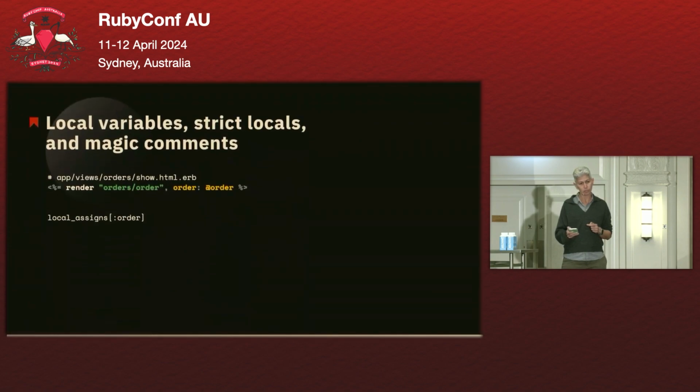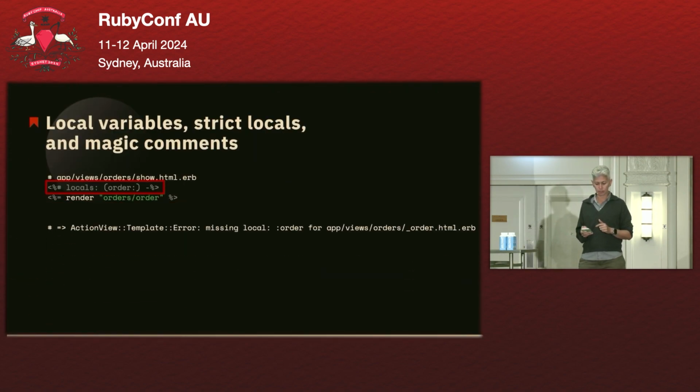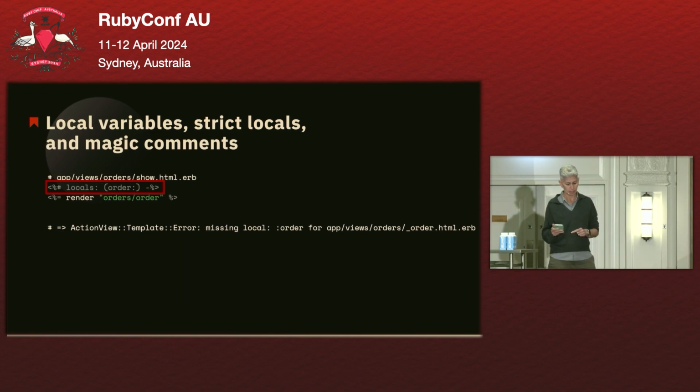I'm not sure when this was introduced in Rails, but before I talk about that, when we pass the hash of the order into the partial, we get a local assigns to actually access that order through. But one of the nice things that Rails introduced lately is you can add a magic comment to define the locals arguments that you want to pass in.